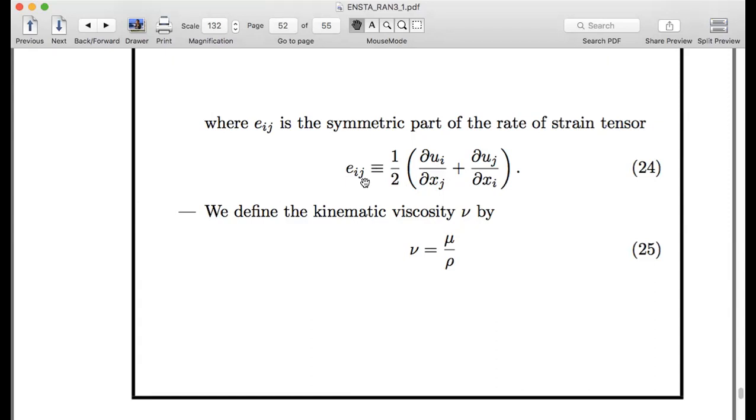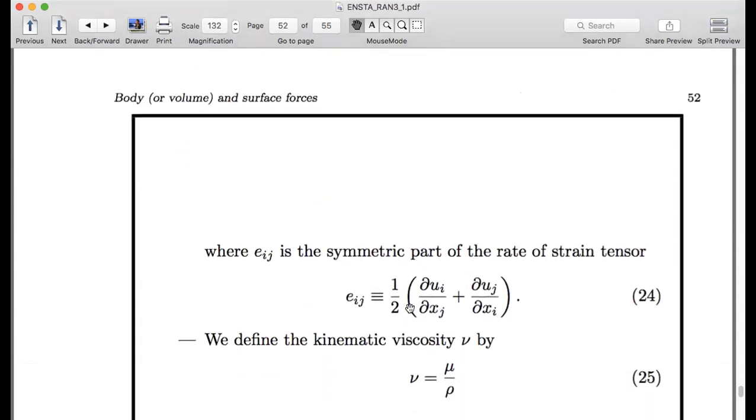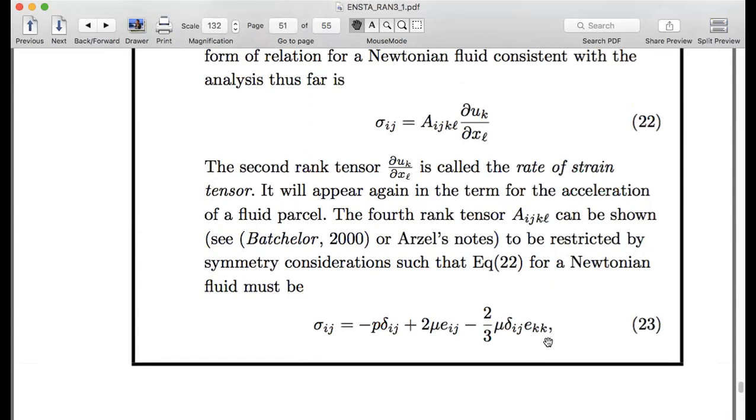That's what I'm trying to build, this term here, and then I have to sum over those. But when i equals j here, we're talking about the diagonal term. So in other words, this EKK is the trace of this rate of strain tensor.